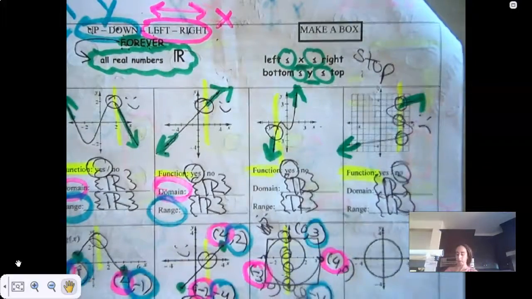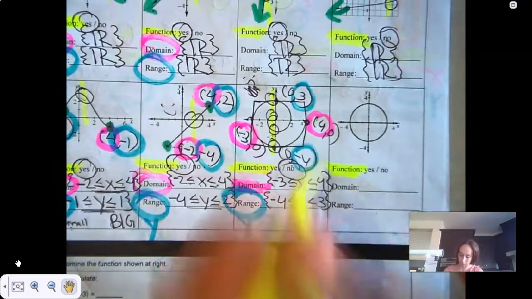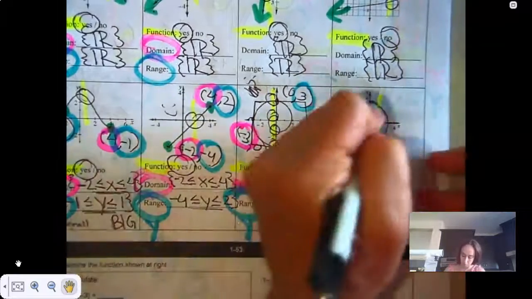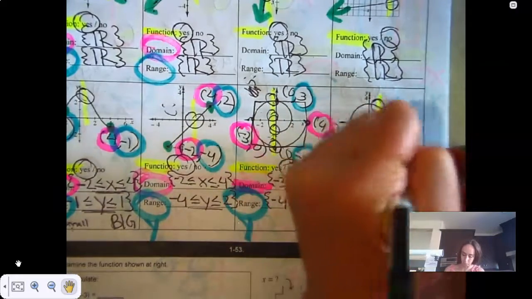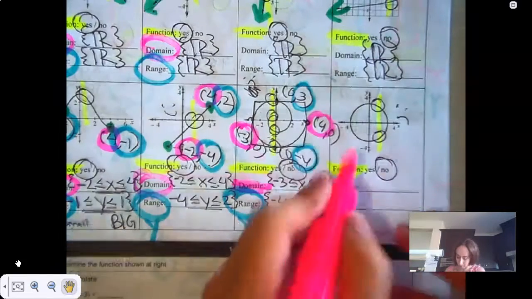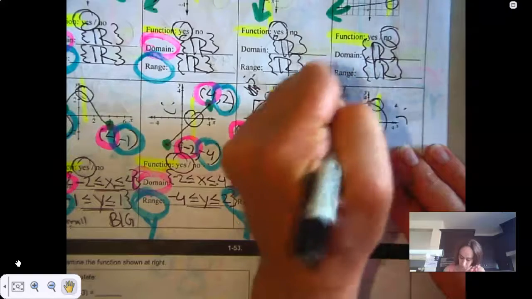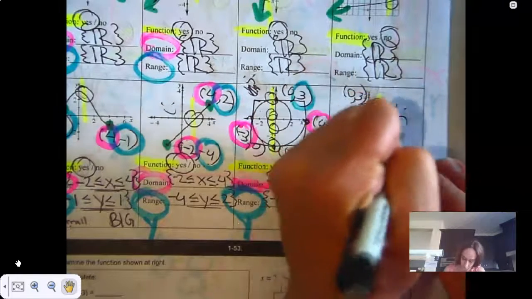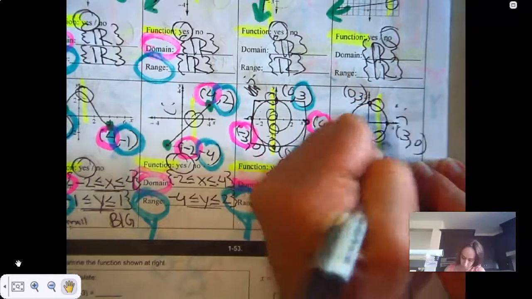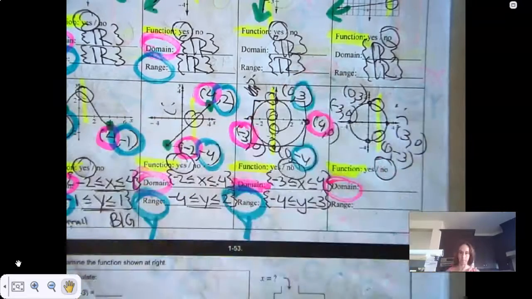Okay, let's look at this one. Is it a function? Well, let's look. I go like this. 1, 2. Nope. I can only do 1. So now the domain. Okay, so I'm going to make a box. 0, 3, 3, 0, 0, negative 3, negative 3, 0.